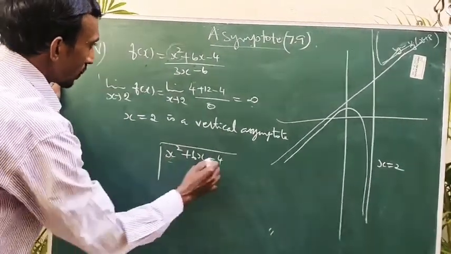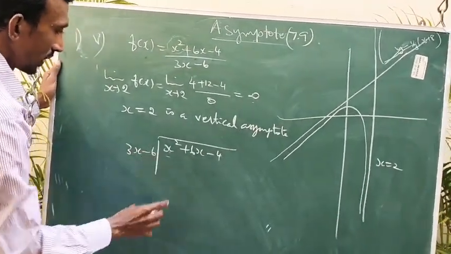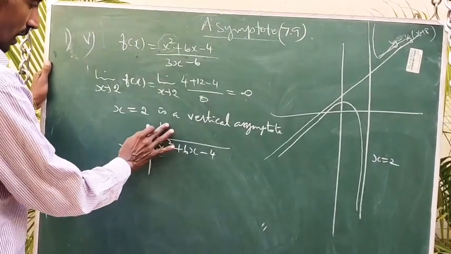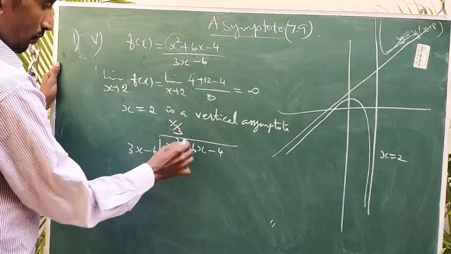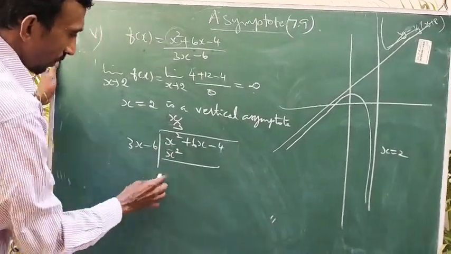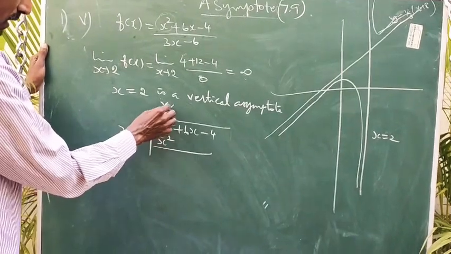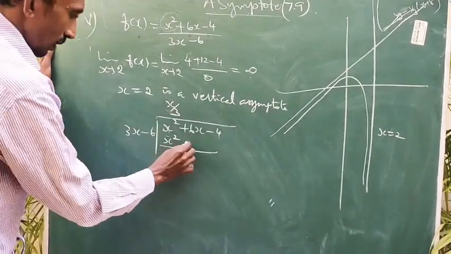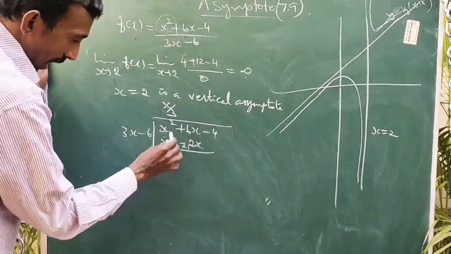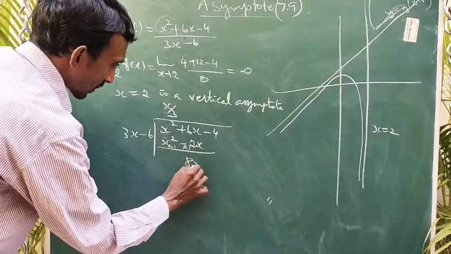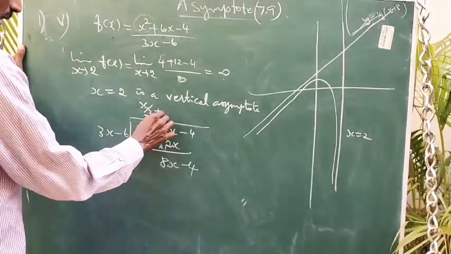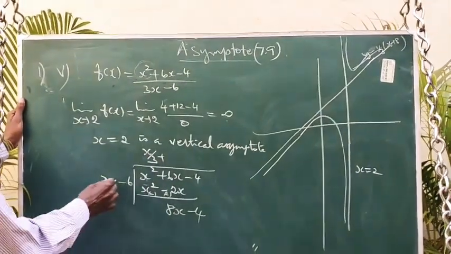Again use the division method. Okay. So 3x minus 6. So we need x square, so 1 by 3 x. Okay. So it becomes x square. Change the sign and subtract. And what is that? Minus 2x. Change the sign and subtract. So what are we getting? 8x minus 4. Okay. So again we need 8x here.